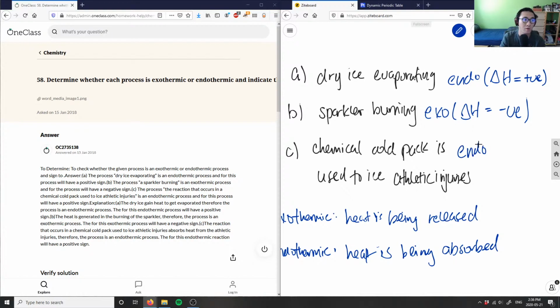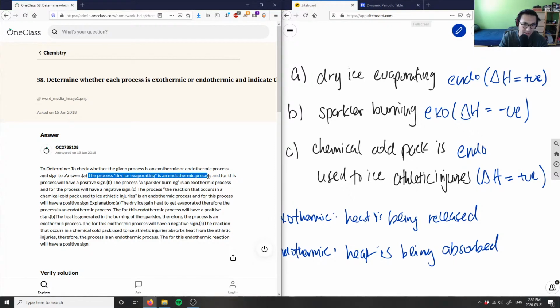And why is it endo? Well, the chemical cold pack is cold, right? So it's taking energy from the surroundings, absorbing all the energy from the surroundings, and then it's going to appear cold. So when you touch it, it feels cold. It doesn't feel hot, right? So this is an endothermic reaction, and delta H has to be a positive sign here. So again, the solution is correct because I believe they have this as well.